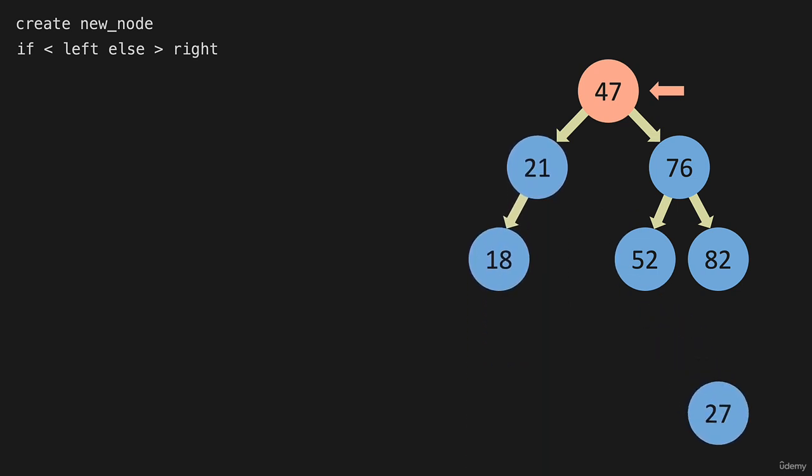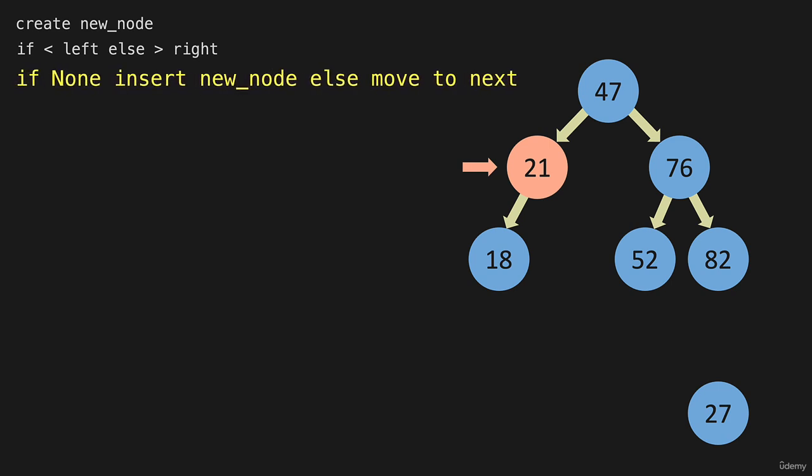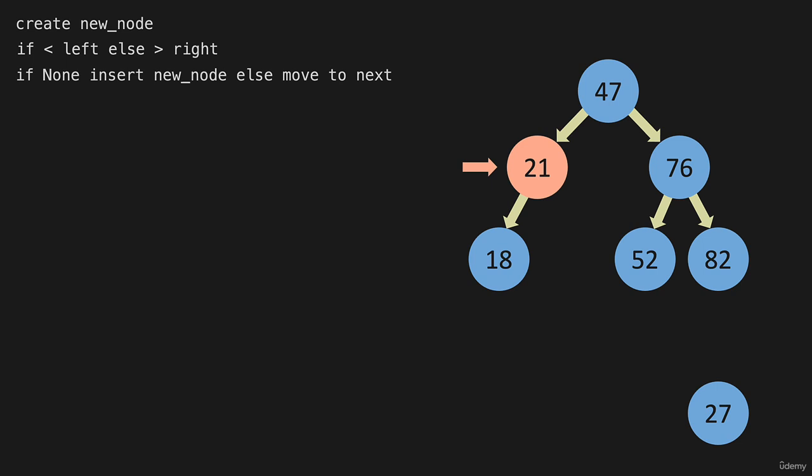But if it isn't, then we need to come down here and do the whole process again. So we could say if the direction we're going is none, then we'll insert the new node, else we'll move to the next node. So now we're going to compare our new node to this node, the 21 node.